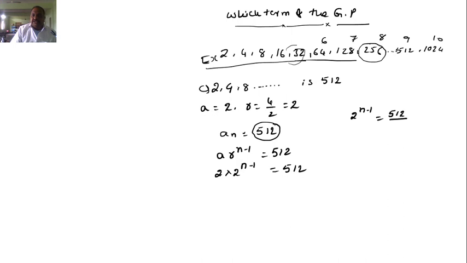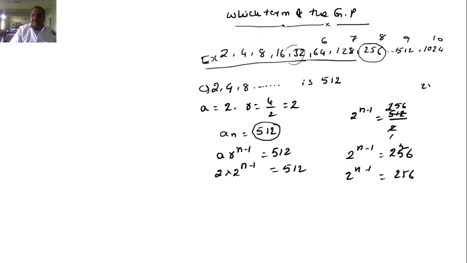If you take it this side, that means transpose it, it will divide. 2 ones are 2, 2 twos are 4, 2 fives are 10, 2 sixes are 12. 2 to the power of n minus 1 is equal to 256.